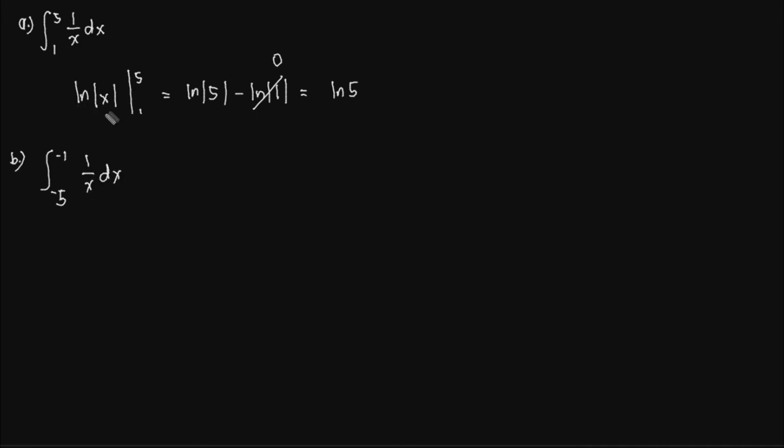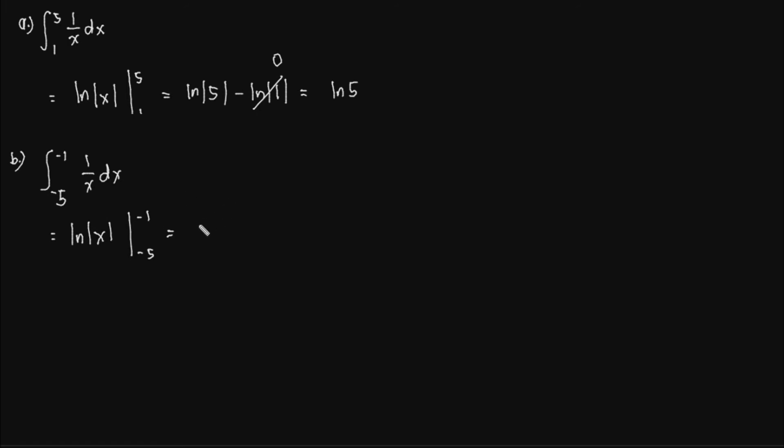Okay, so same procedure lang din. The antiderivative is the natural logarithm of x, from -5 to -1. Now, for this case, I will not be using the absolute value sign just to give you an idea of how this will work.